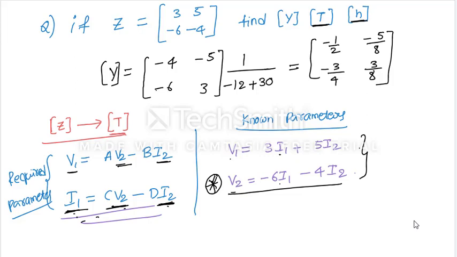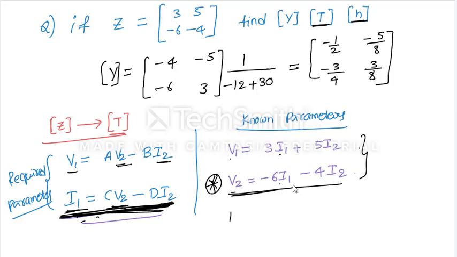So what you do is, convert the star equation into this form. Only I1 is on the left side, and the remaining V2, I2 are on the right side. Try to arrange it like that. Tell me what I can say here.